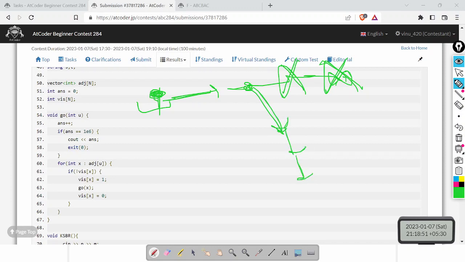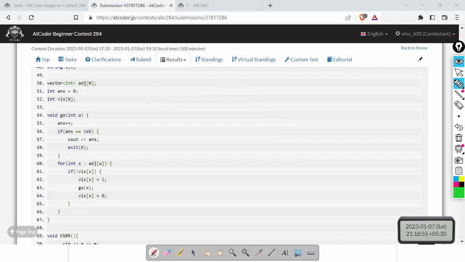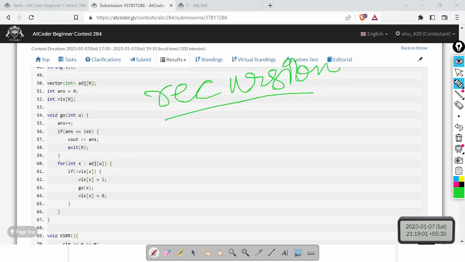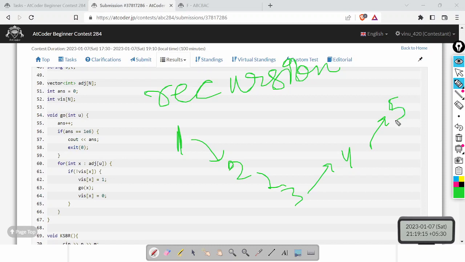So from here we can learn one thing, that whenever we are doing recursion, we are taking this global array visited. That doesn't matter. The main thing is whatever things we have which are currently in the recursive stack, let's say we are currently at 5, then we can keep some information about these elements which are currently in the recursive stack.